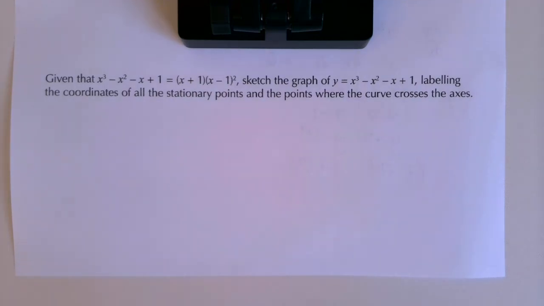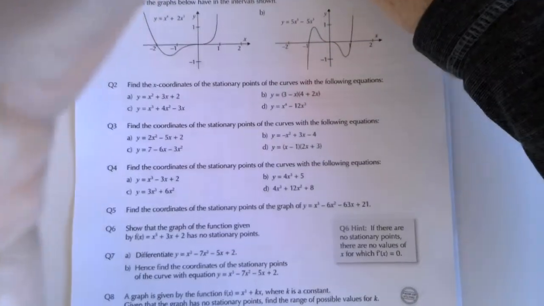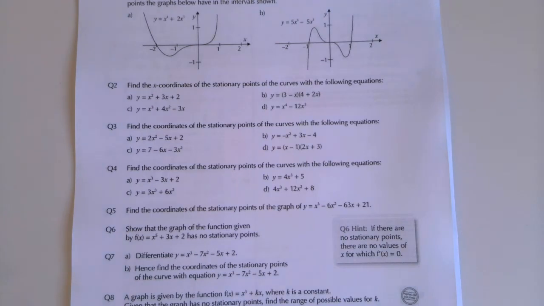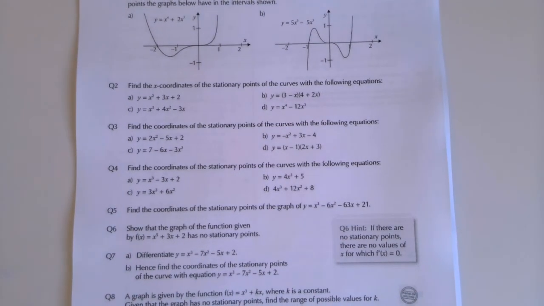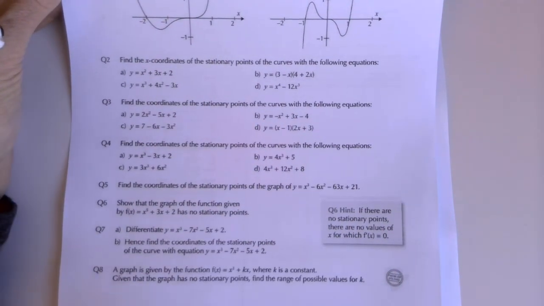Now, you may have noted that I'm not using examples from our textbook. I don't like the order the textbook does things in, so I've used a different resource. If you want more practice, then I've attached to today's lesson the exercise I've taken my examples from. So we've done several of these questions already, but there are more questions on that sheet. Again, this is not compulsory. This is just if you want more practice.